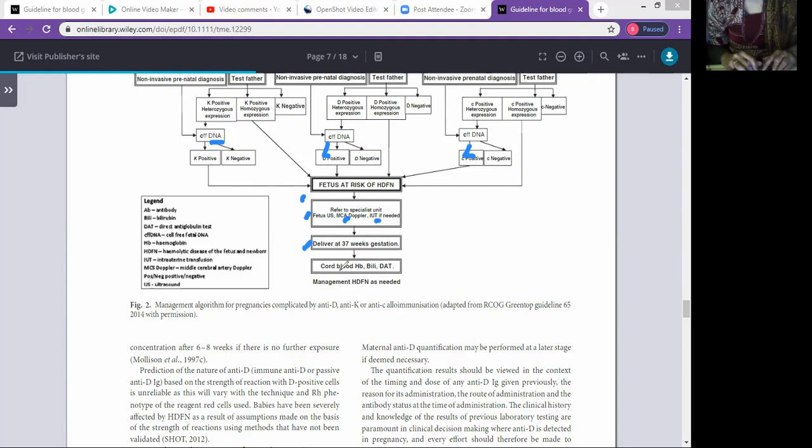Now we need to identify hemolysis in the newborn, and for that the cord blood would show any sort of anemia if it is present, that is hemoglobin, and bilirubin and LDH would show any signs of hemolysis, and that would show the immune nature of the hemolysis, and therefore more likely to be predictive of hemolytic disease of the newborn due to these antibodies.